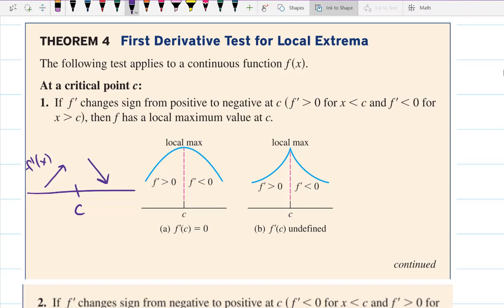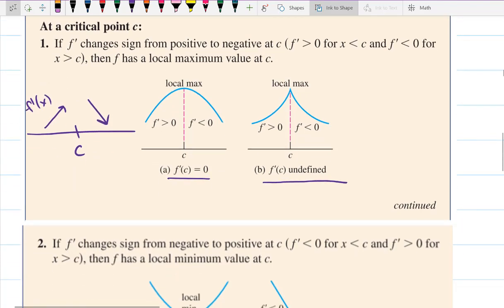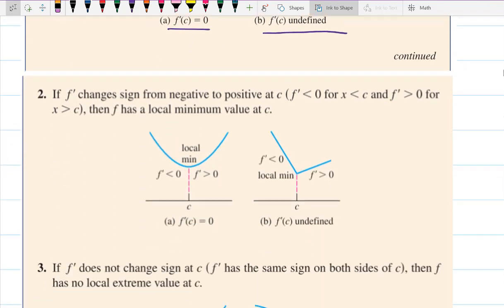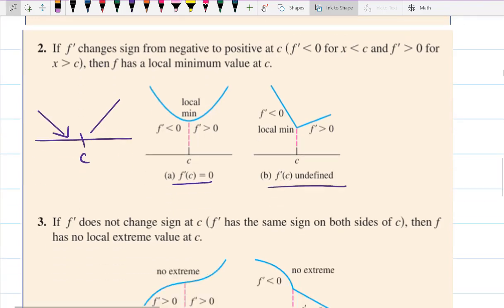You have a local max because it has to reach a higher point. That's if the derivative equals 0 or if the derivative is undefined. Conversely, if we have this point C and the derivative is negative and then positive, we get a local min, both where the derivative is 0 and where the derivative is undefined.